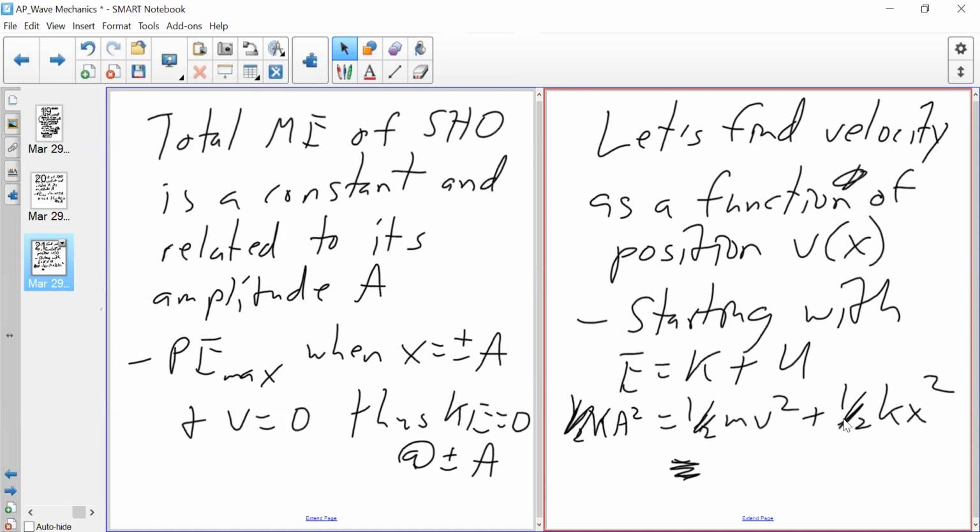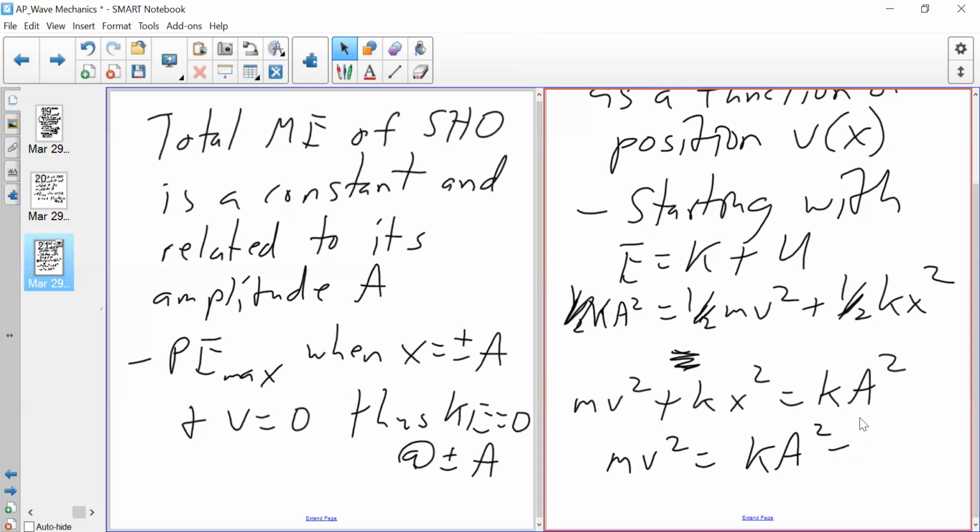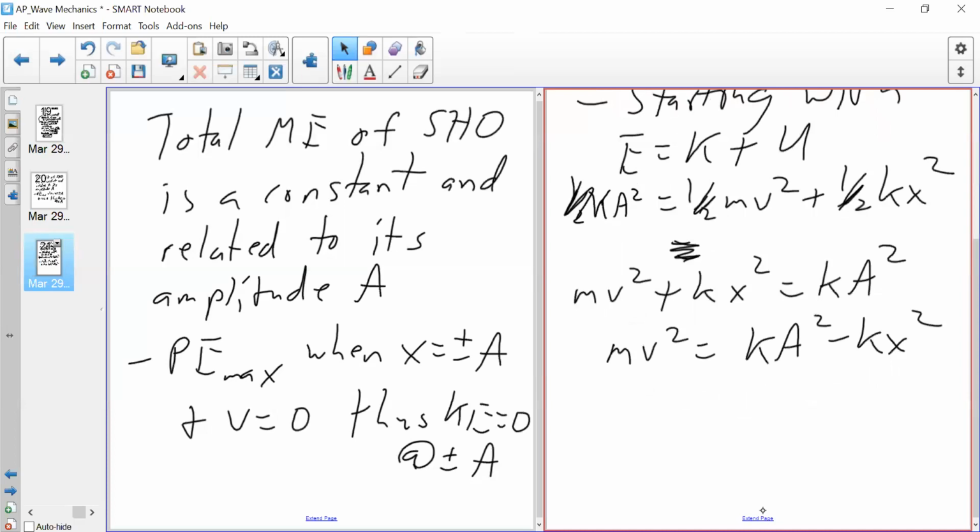So the 1/2 cancels out. It equals kA squared. And so we want to solve for v. mv squared equals kA squared minus kx squared.